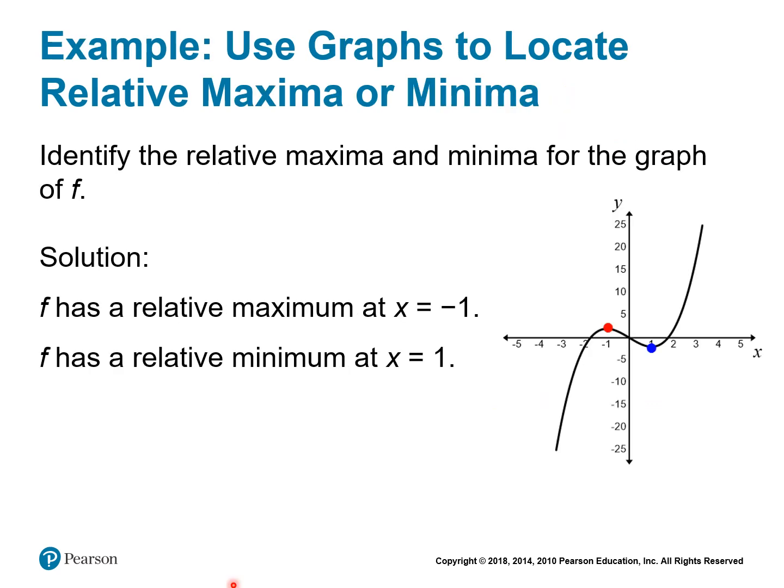Here's the example, which shows us how to locate the relative maxima or minima from the graph. All right. So it says identify the relative maxima and minima for the graph of f. So what is the relative maximum? Relative maximum is in an open interval.